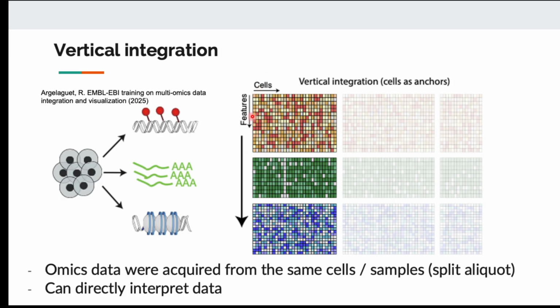Like you know, this is the mutation profile from cell number 1. This is the gene expression profile from cell number 1. This is maybe the chromosome accessibility for cell number 1. So you can still concatenate them together.